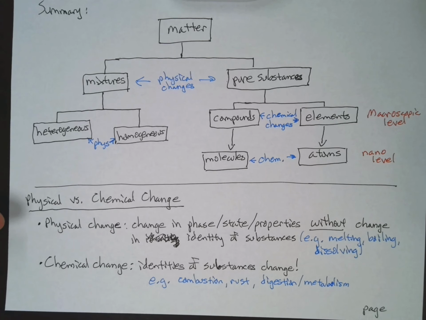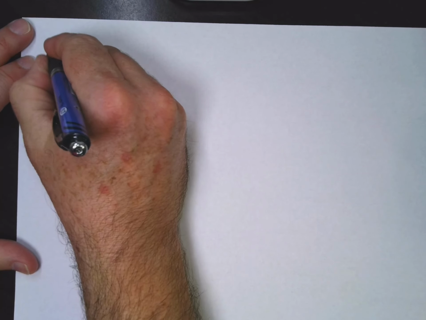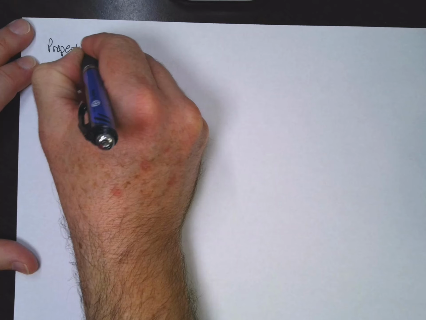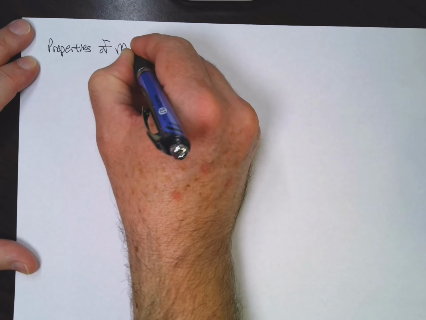One last thing to mention is two more definitions that I want to give because the text gives them, and that is properties of matter.